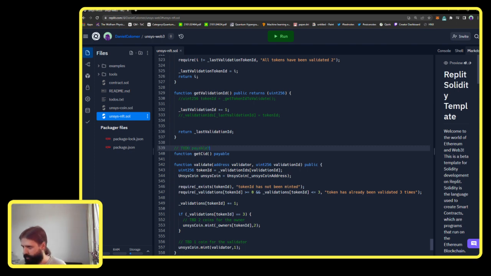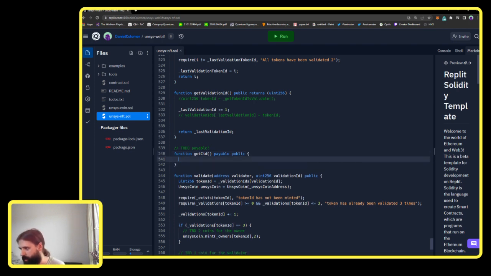What does payable mean? I think it means you actually have to send money. It's an action that requires you to pay something, not just the gas. So it's public, and what this get CID will do is return a valid CID.